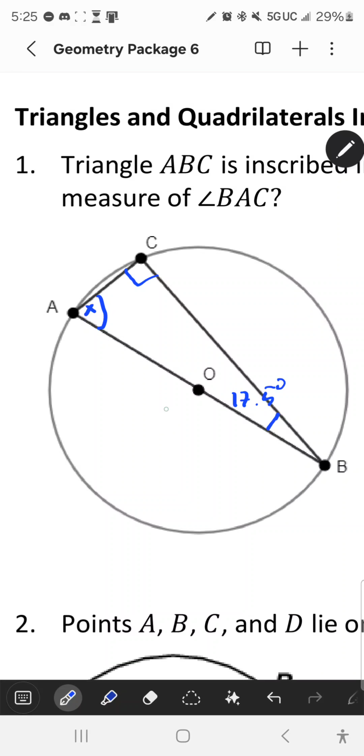So since this is the diameter and this point is on the circle, this angle is 90 degrees.